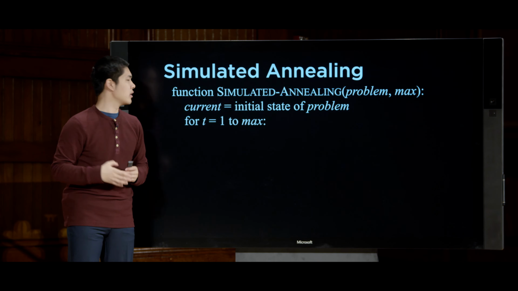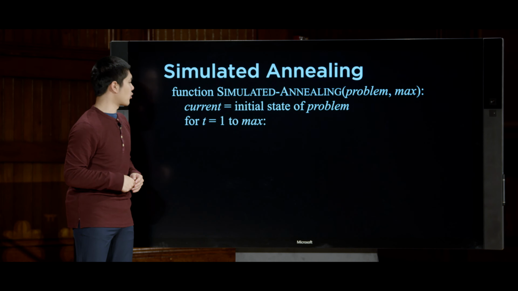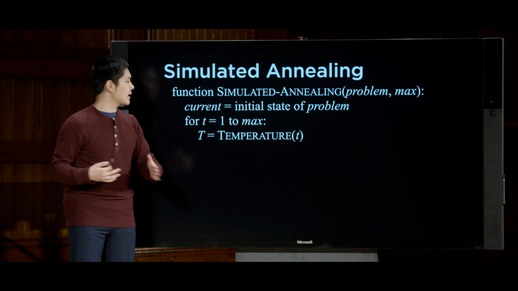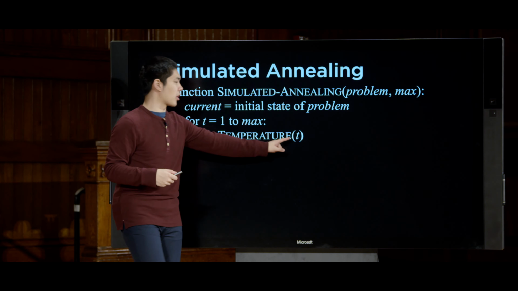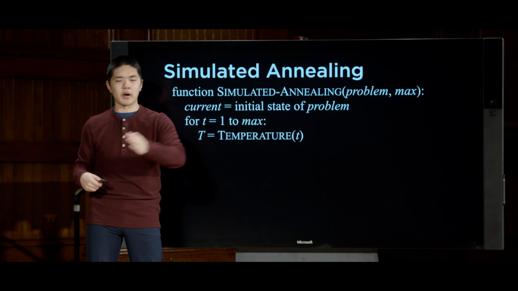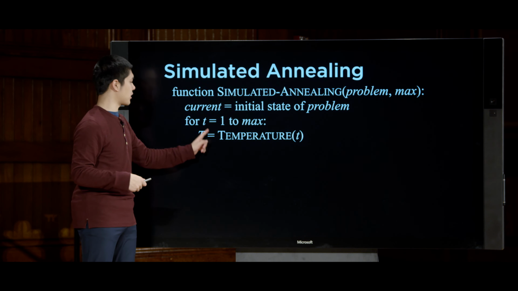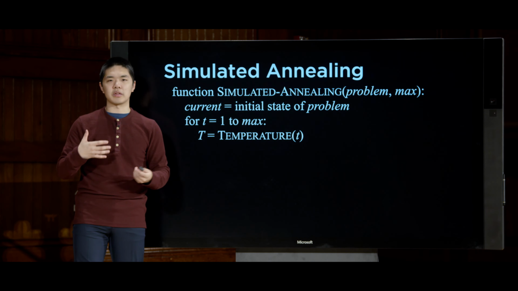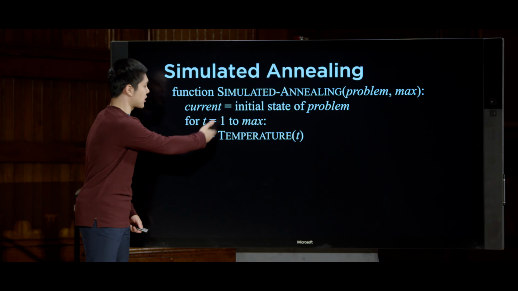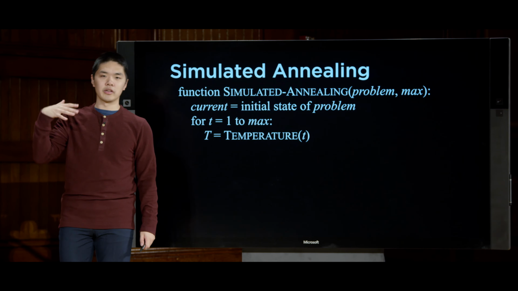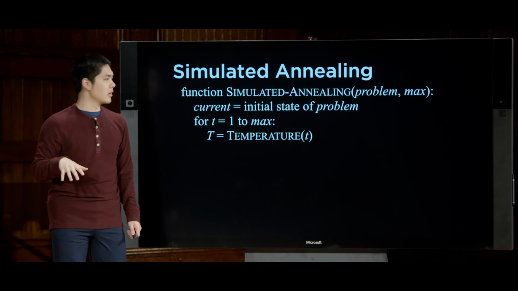Repeat some process some number of times, where we're first going to calculate a temperature. And this temperature function takes the current time t, starting at 1, going all the way up to max, and then gives us some temperature that we can use in our computation, where the idea is that this temperature is going to be higher early on, and it's going to be lower later on. So there are a number of ways this temperature function could often work.